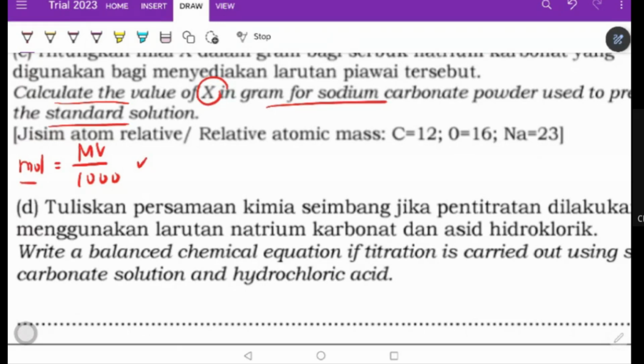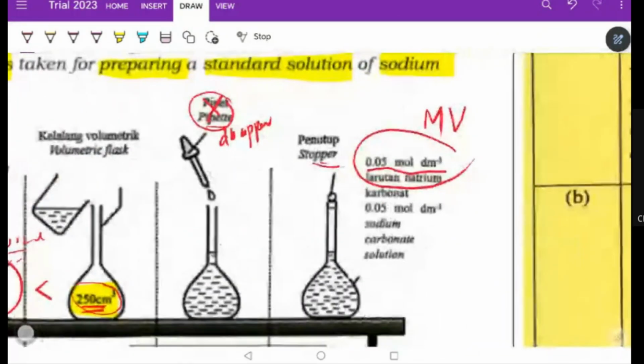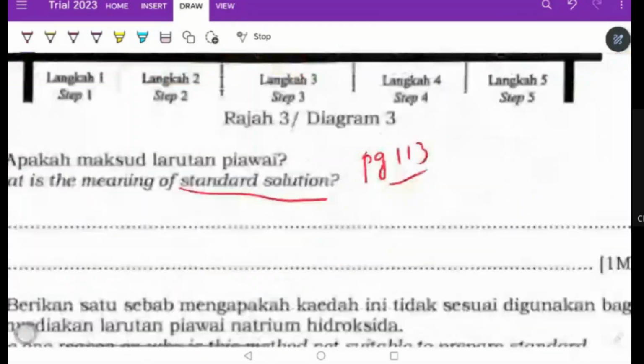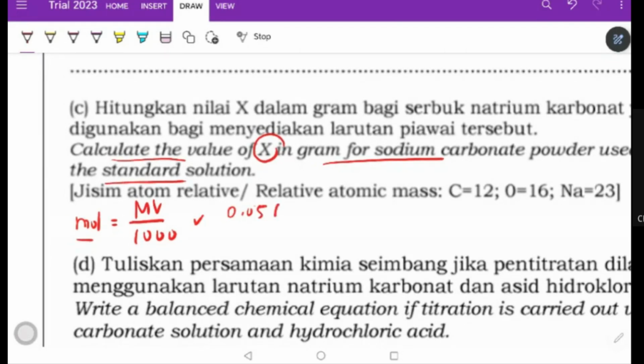Anyone you have calculated already? Okay, 0.0125, correct enough. So M is 0.05. Okay, V is 250 over 1000.